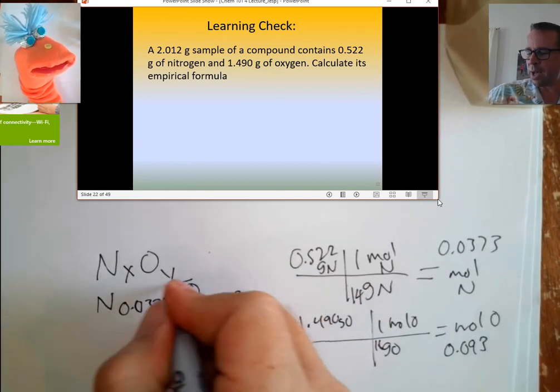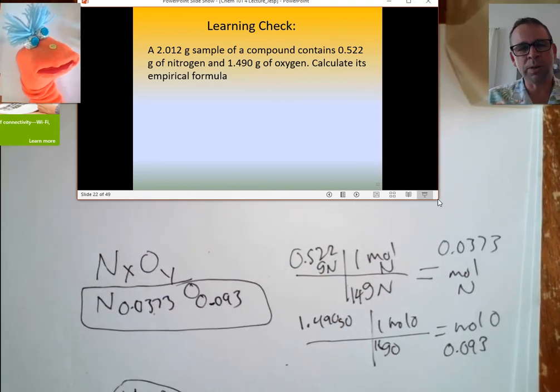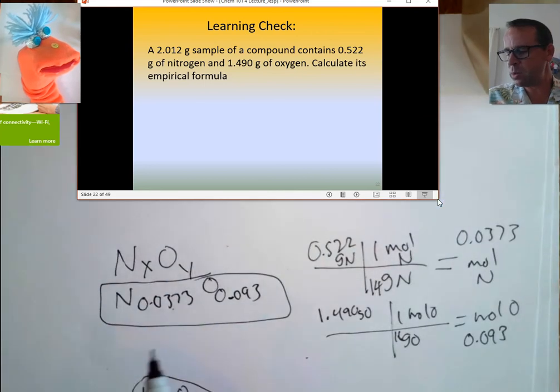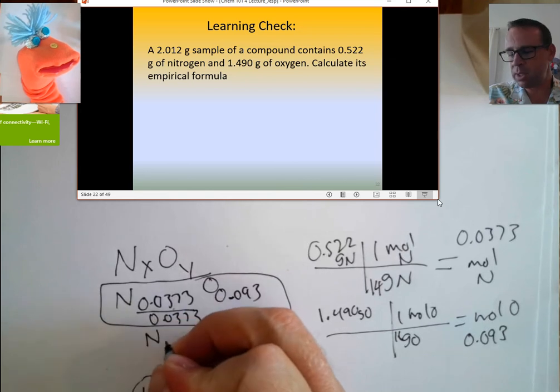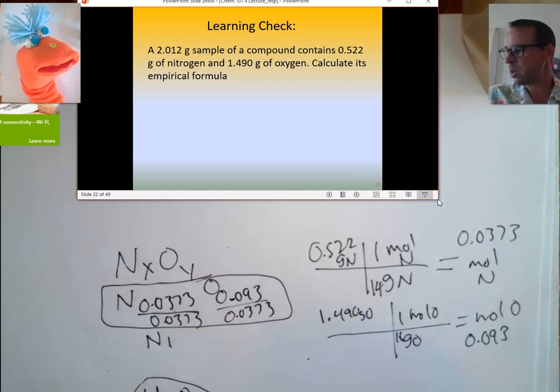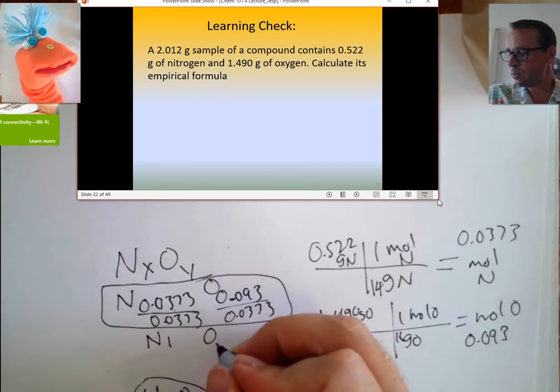Now I can't stop there because that's not a whole number ratio, but one of the things I can do, a kind of little trick, is I can divide both of these values by the smallest number, 0.0373. That'll make this a whole number. Let's see what I get when I divide my 0.093 by 0.0373. I get 2.5.